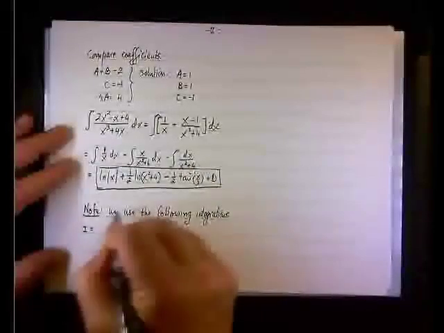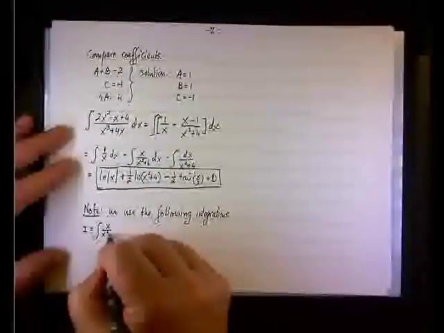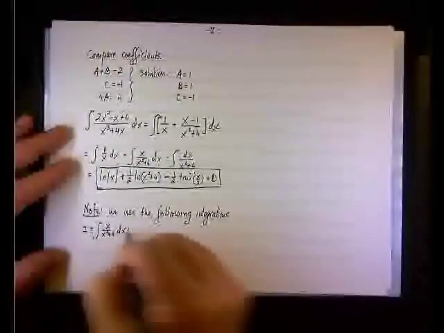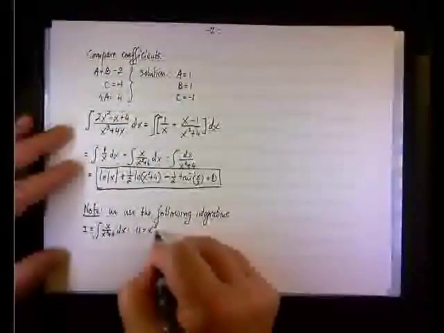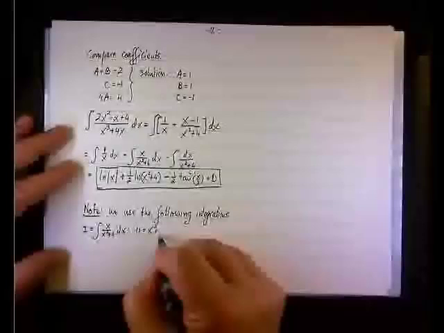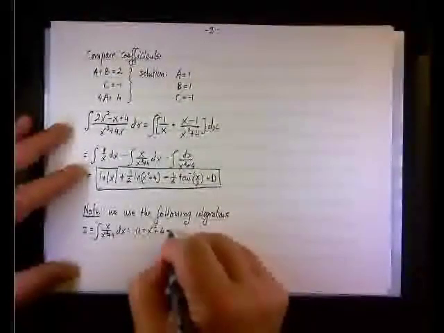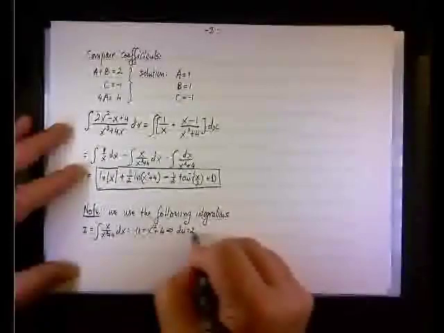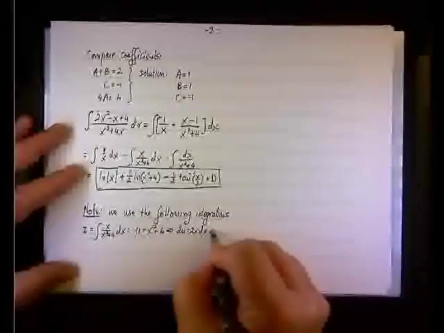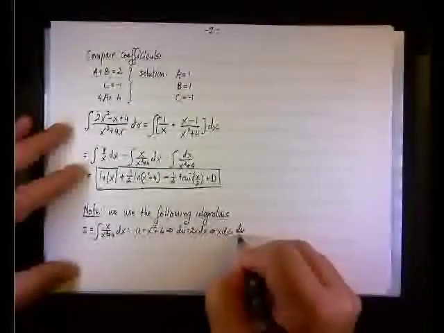I'll call it I, the integral of x over x squared plus 4 dx. What do we do here? We let u equal x squared plus 4, right? And therefore du equals 2x dx, and x dx equals du over 2.